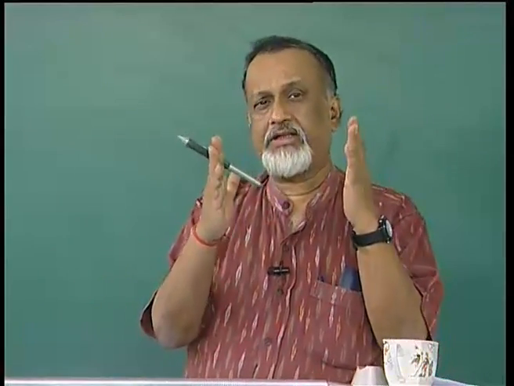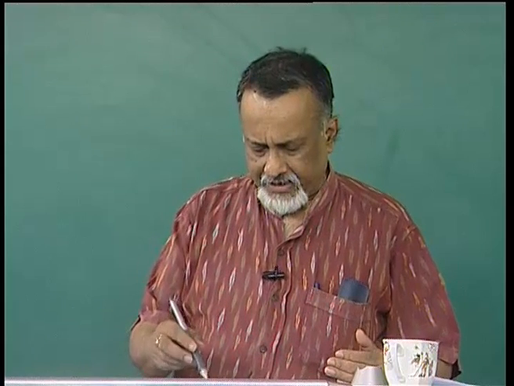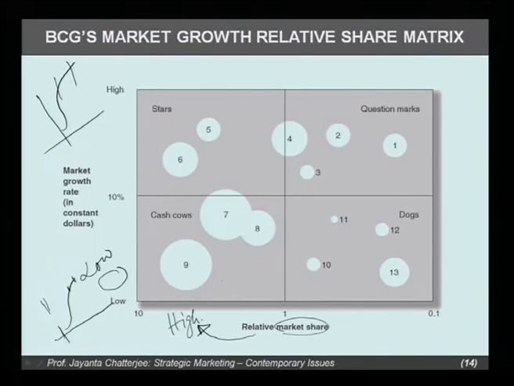Remember, I am talking about only the developed market for mobile handsets. So, the few players who are still there, they are raking in cash, and that is why this segment, where the market share is high and growth rate is low, the business is often termed as the cash cow.